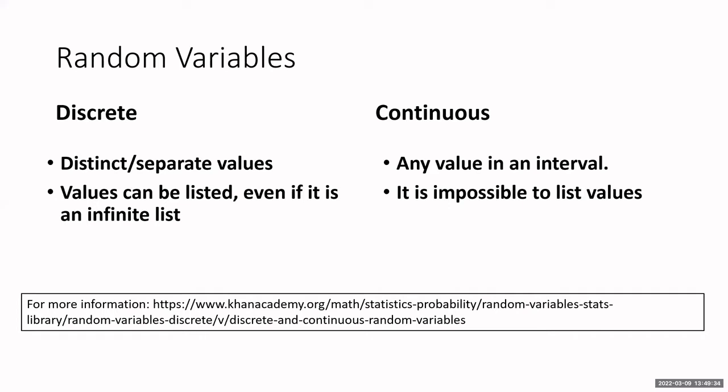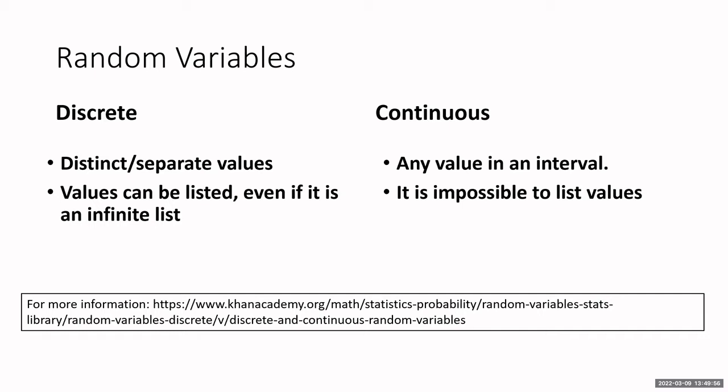Now, let's recall the discrete versus continuous random variables. For discrete random variables, we have distinct, separate values. They can usually be listed, even though it may be an infinite list of numbers, but they could still be listed.